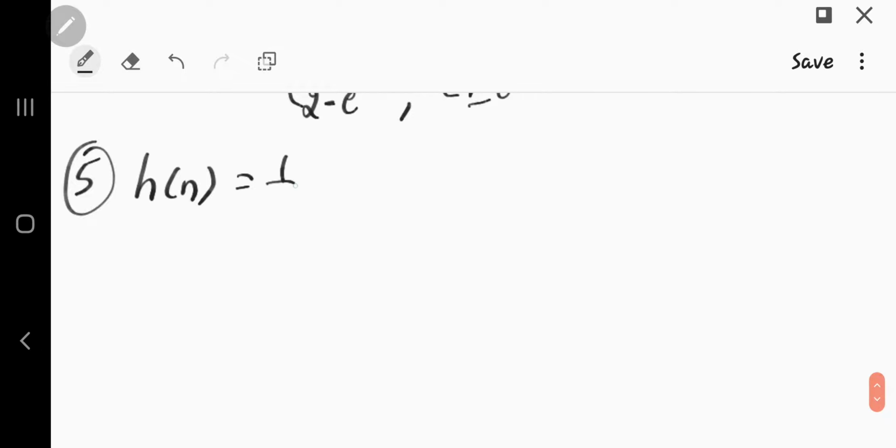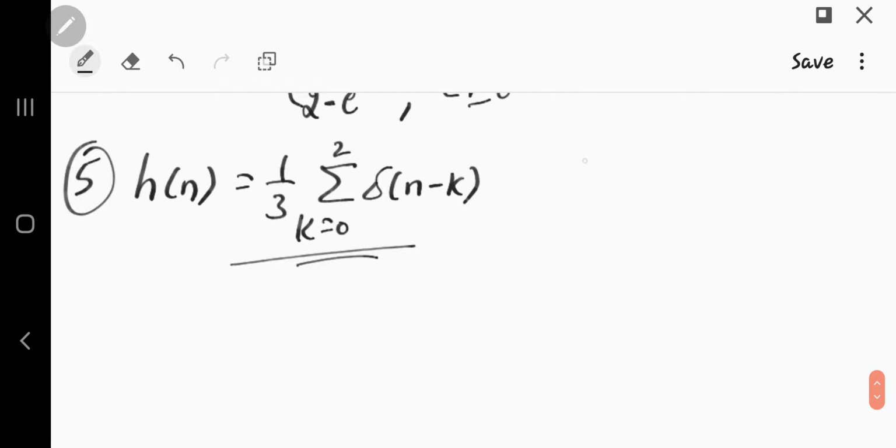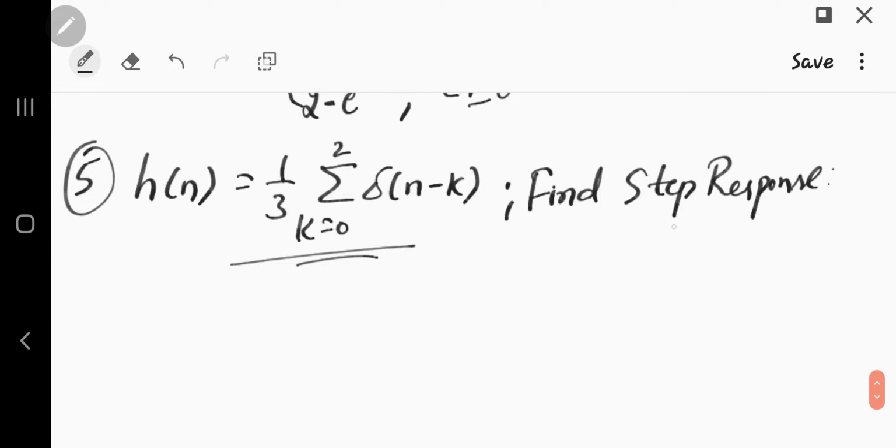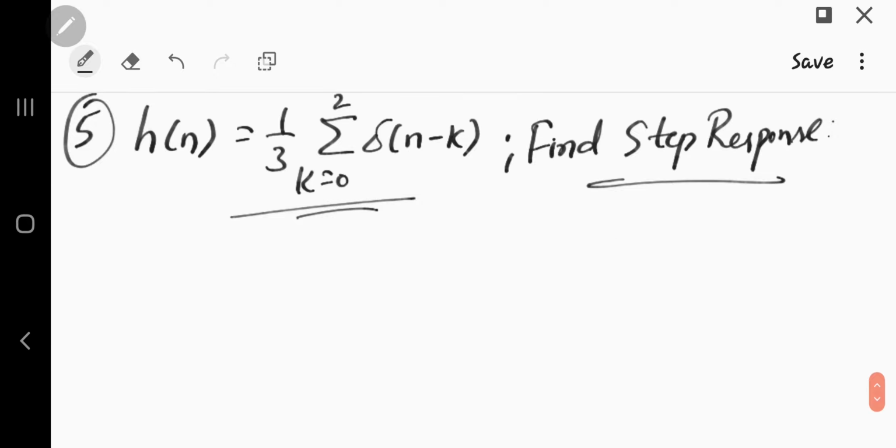Okay, so there is an impulse response given, h of n is equal to the summation, k is equal to 0 to 2, of delta n minus k. So this is what is given, and the question is to find the step response. So this is what we have to find here.